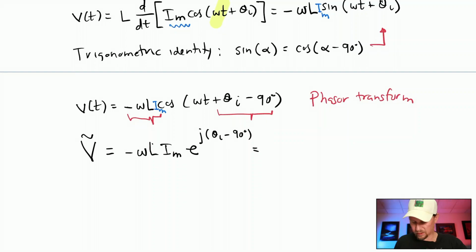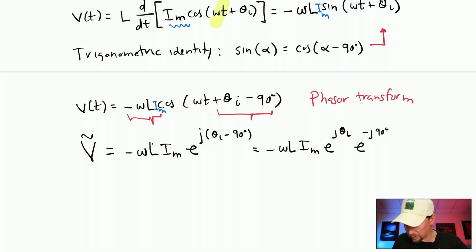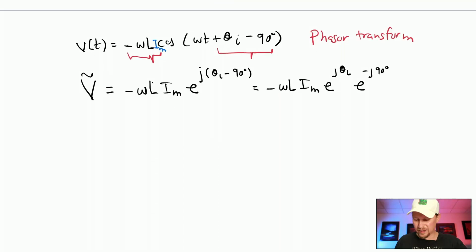I can rewrite this as minus omega L times I sub m, and I can split apart the portion in the exponential. The first portion is going to be e to the j theta sub I times e to the minus j times 90 degrees, like this. And let's actually take a closer look at what e to the minus j times 90 degrees is.